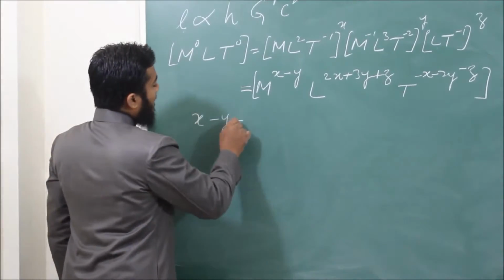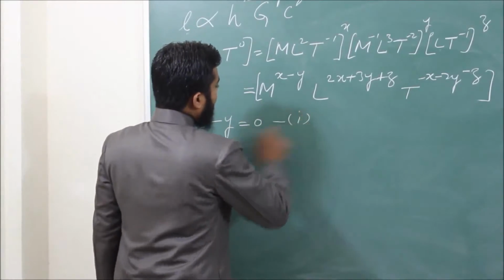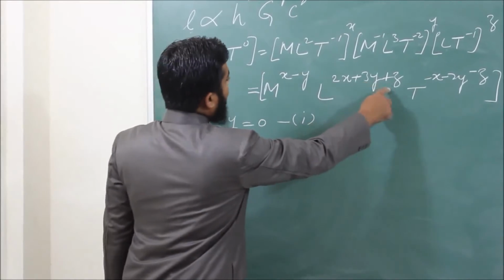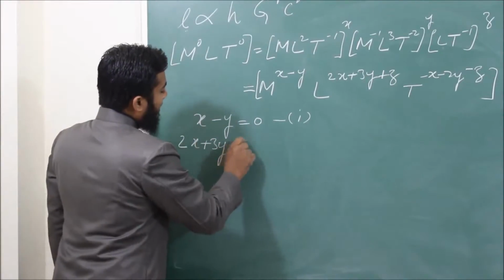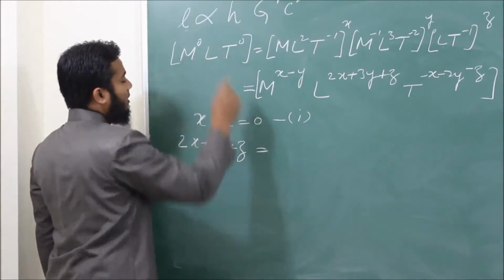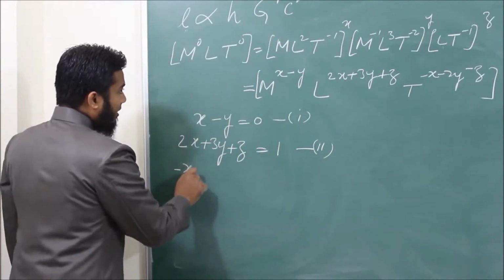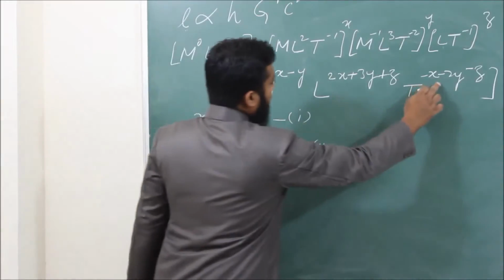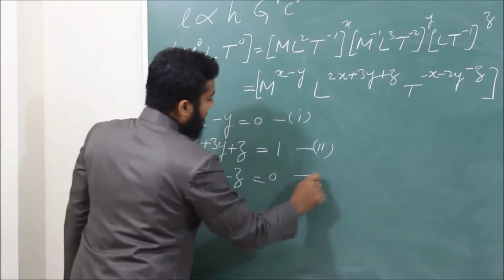This is our first equation. Then 2X plus 3Y plus Z will be equal to 1, second equation. And then minus X minus 2Y minus Z will again be equal to 0, third equation.